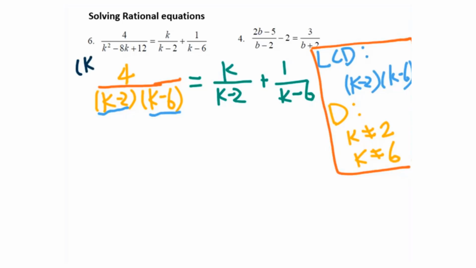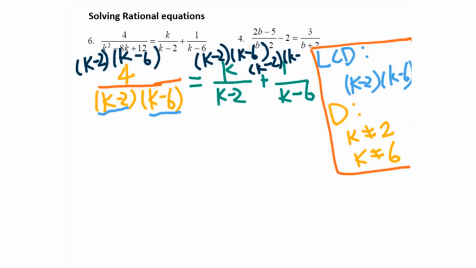So let me write down k minus 2 times k minus 6. Then for this part, k minus 2 times k minus 6. This part, k minus 2 times k minus 6.